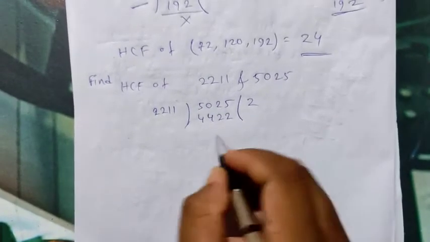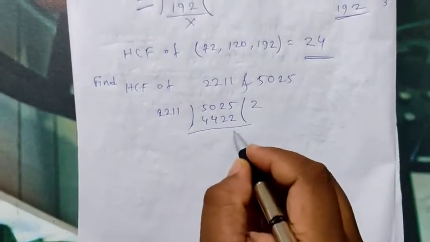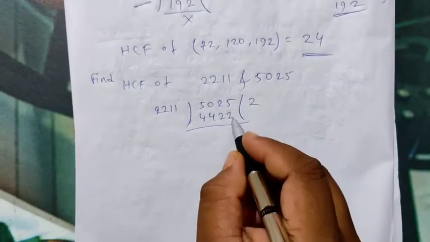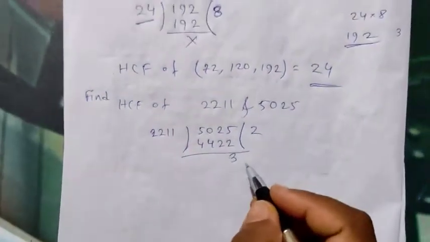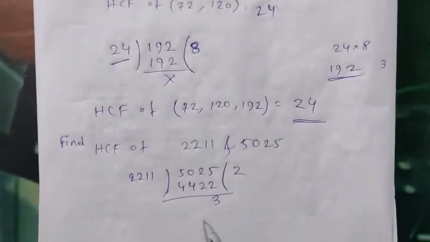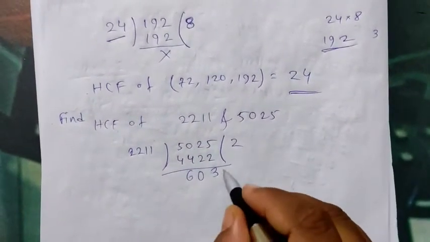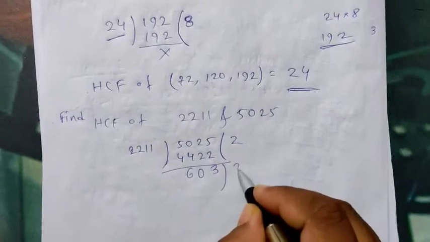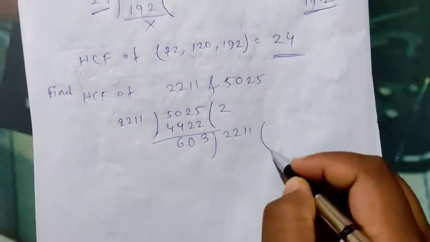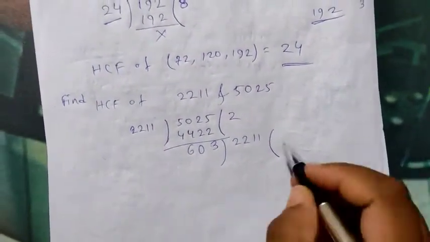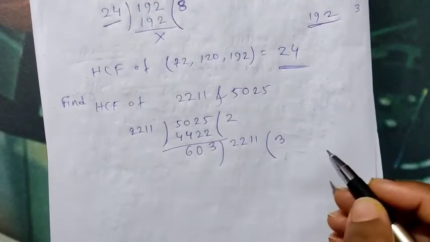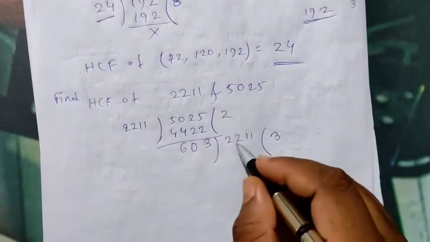So it is coming to 4422. So if we subtract this one, what are we getting? 3, 0 and 6. So we will be taking this one as our divisor, and 2211 will be the dividend. Now 6 3s are 18 and 6 4s are 24, which will be bigger.